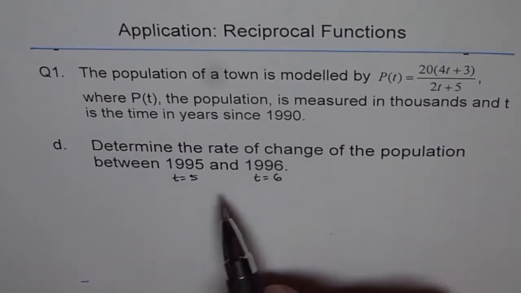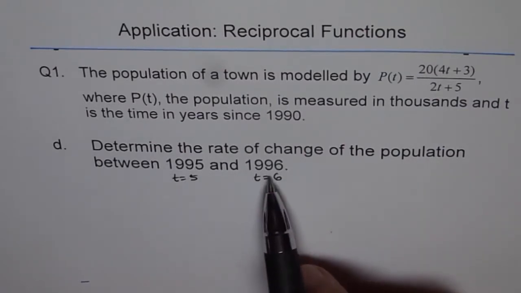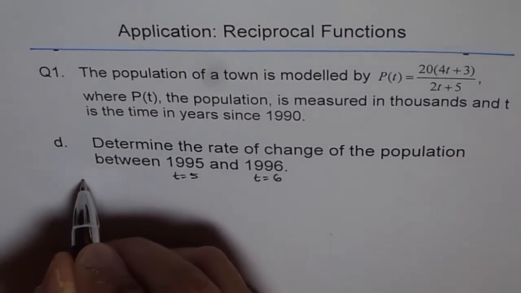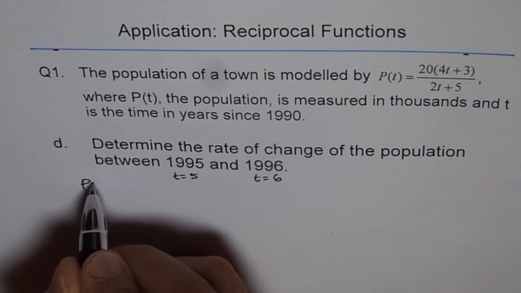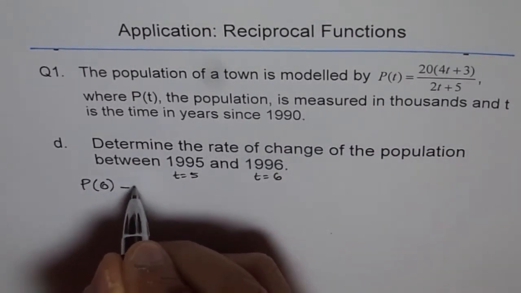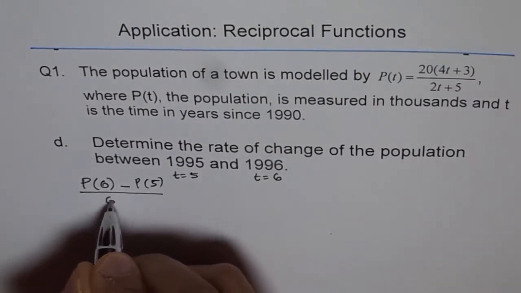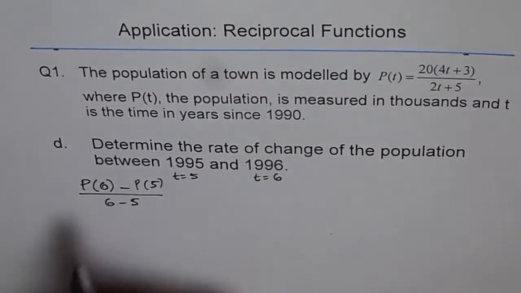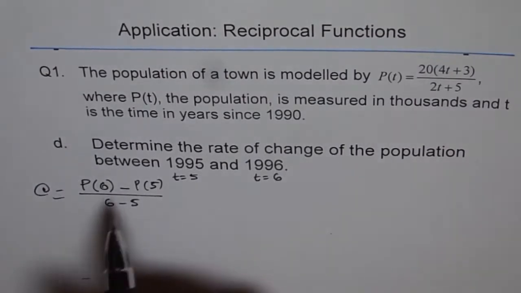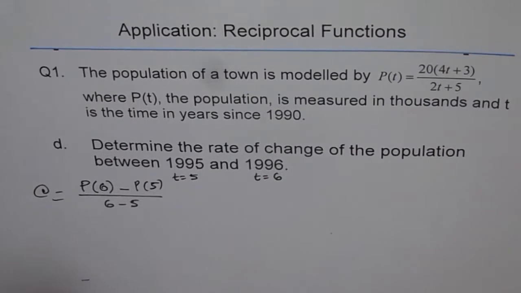So first thing, as we notice, the average rate of change in population between these two times should be P of 6 minus P of 5, divided by 6 minus 5. So that is the rate of change of population from 1995 to 1996.